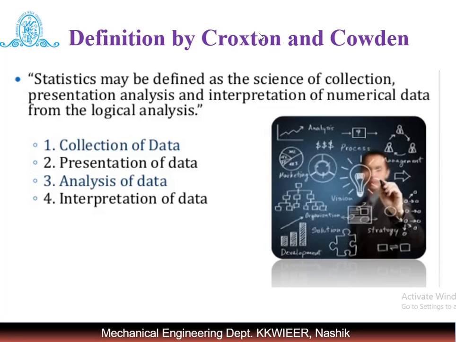If you look at the definition by Croxton and Cowden, it may be defined as the science of collection, representation, analysis and interpretation of numerical data from logical analysis. So the first step is collecting the data, then representation of the data, the third is the analysis of the data, and then by using this analysis we need to interpret the data for further use.